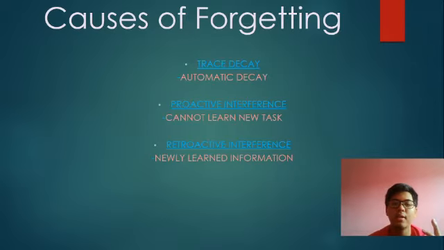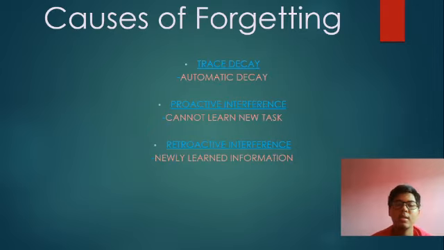This is because the automatic decay causes the old memory to go away. The theory of automatic decay also states that a single memory can hold in the brain for about 15 until 30 seconds if not rehearsed. Then we will eventually forget the memory.